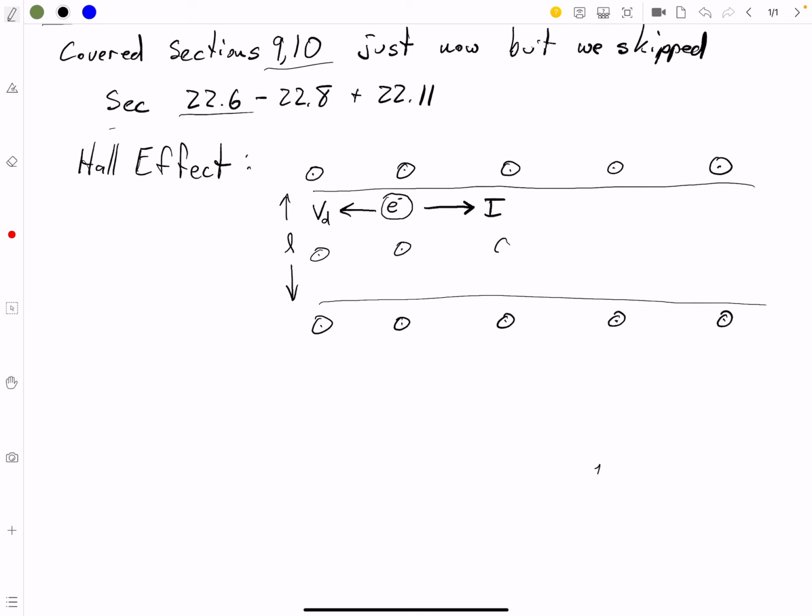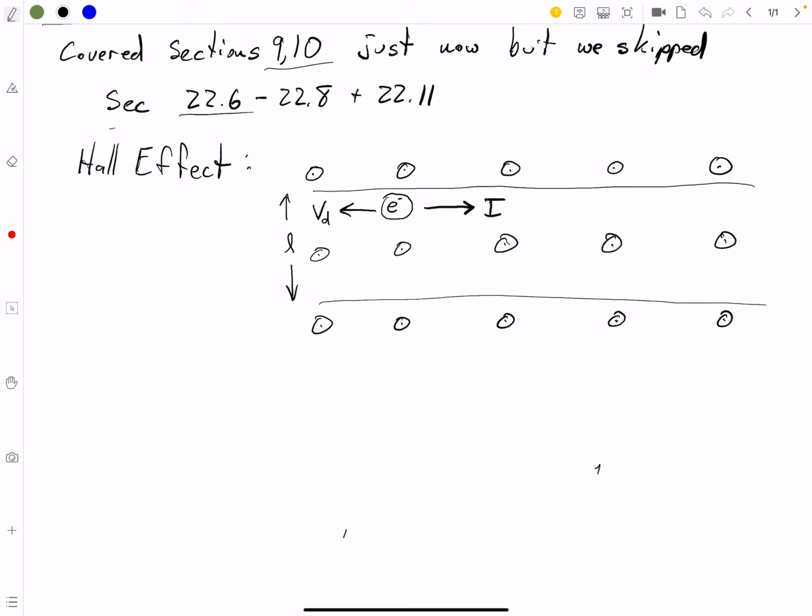So it's uniform. We know that it's a uniform B field. So what happens? You've got the three things.